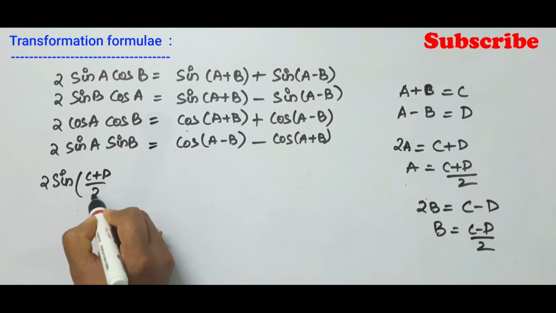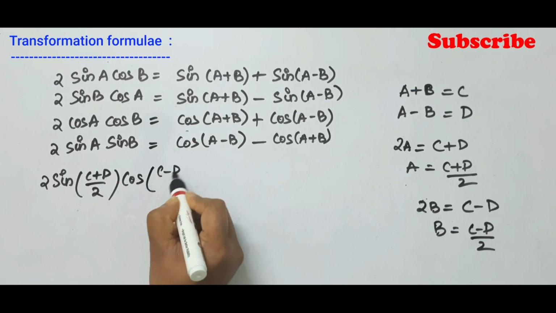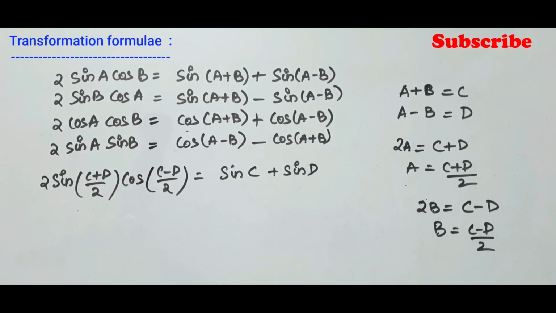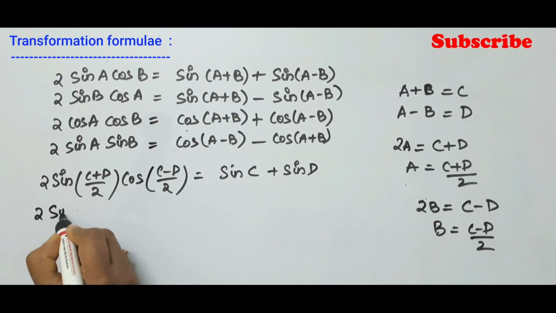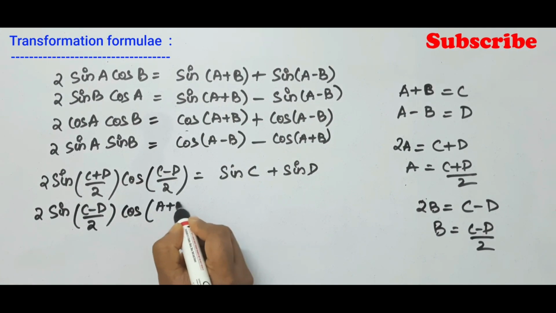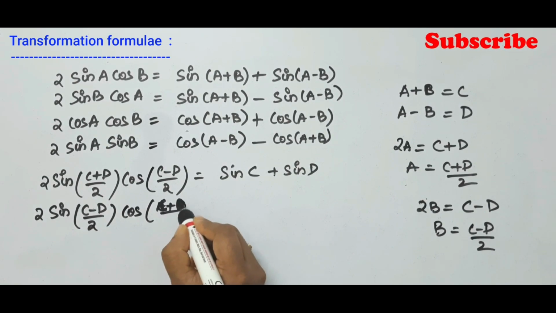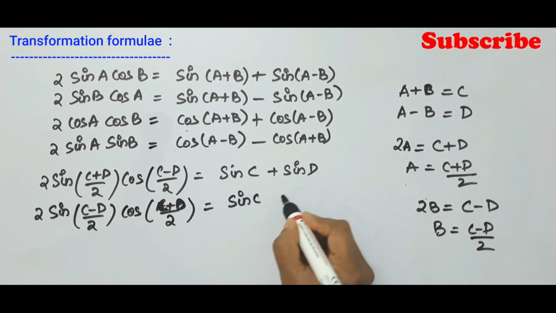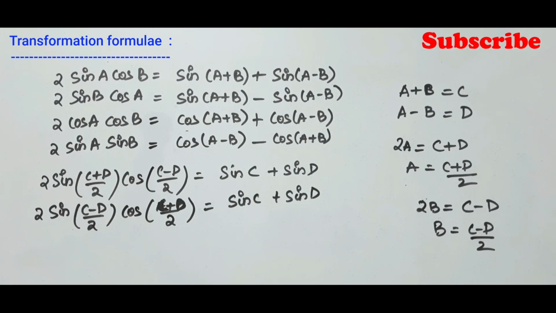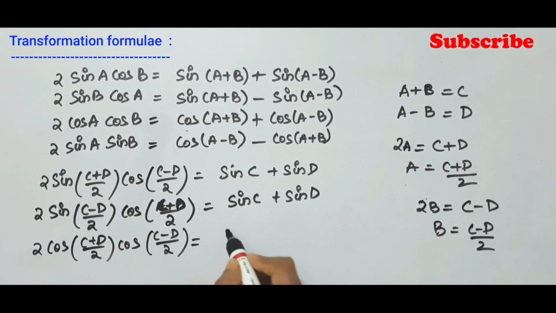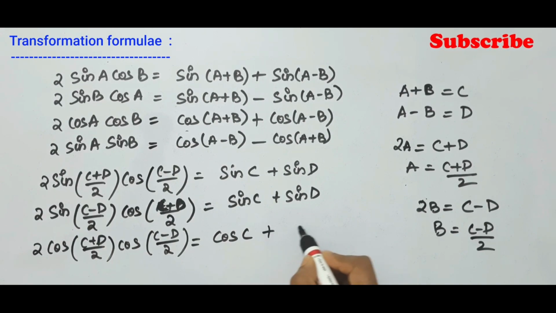So 2 sine of C plus D by 2 cos of C minus D by 2 is equal to sine C plus sine D. Similarly, 2 sine B is nothing but C minus D by 2, cos of A plus B by 2, sorry, C plus D by 2 is equal to sine C minus sine D. Okay, now 2 cos of C plus D by 2 cos of C minus D by 2 is equal to cos C plus cos D.